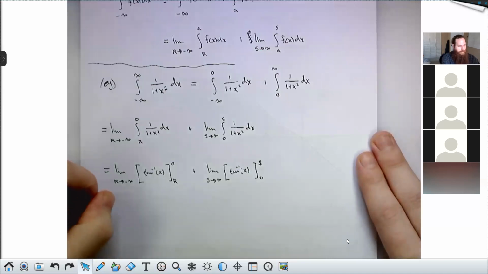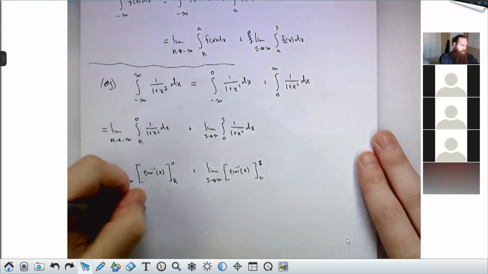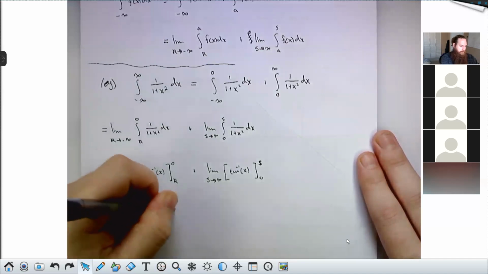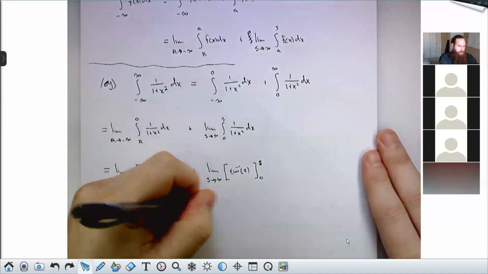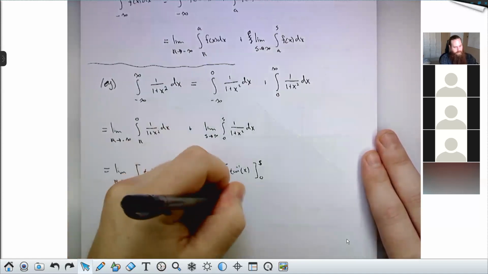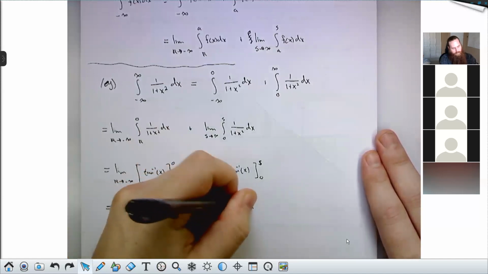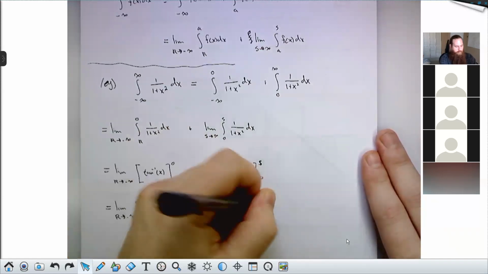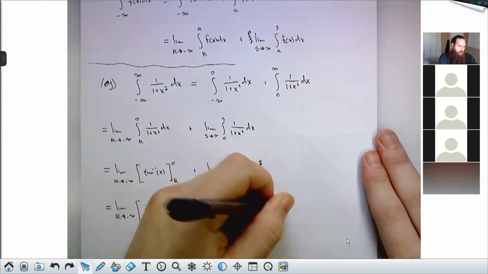The evaluation step here is not too hard. This is the inverse tangent of 0 minus the inverse tangent of r, plus the limit as s goes to positive infinity of inverse tangent of s minus the inverse tangent of 0.